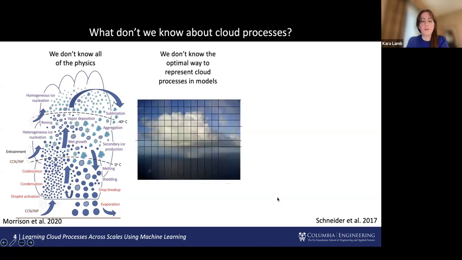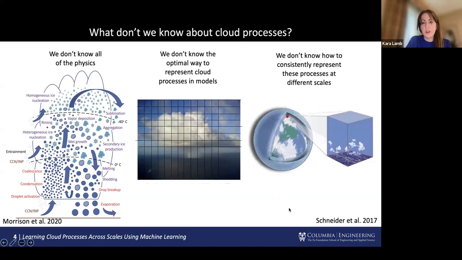We also don't really have an optimal representation of these cloud processes in current models, and we're not really sure exactly how to do this. And then finally, we don't necessarily know how to consistently represent these processes at different scales, particularly how to represent all of this complexity at the right level that we need.